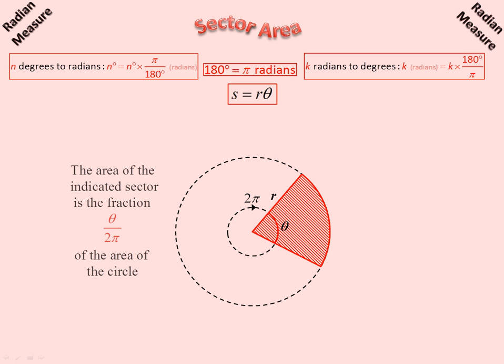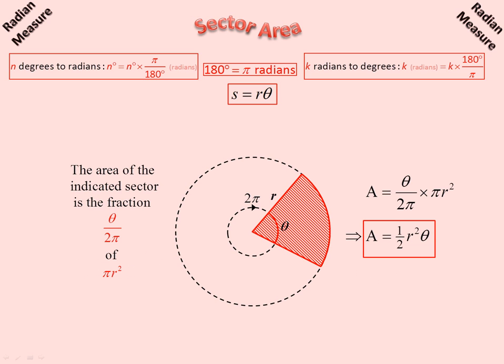So the area of the indicated sector is the fraction theta over 2 pi of the area of the circle, because theta is the angle and 2 pi is the full distance around in radians. And the area of the circle is pi r squared. So we can multiply them, and that gives us a formula for the area of the sector.